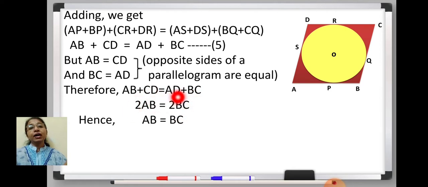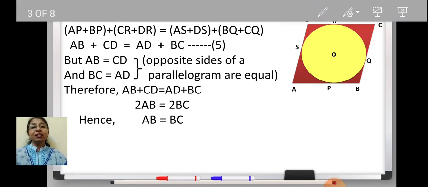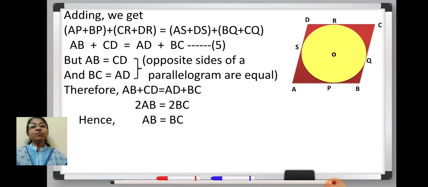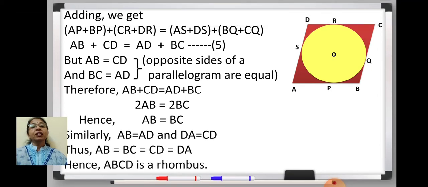This 2 and 2 will get cancelled. Similar quantity on either side of the is equal to sign, so cancel them. You will get AB is equal to BC. AB is equal to BC. They are adjacent sides.